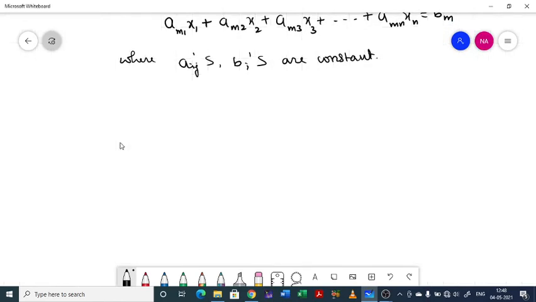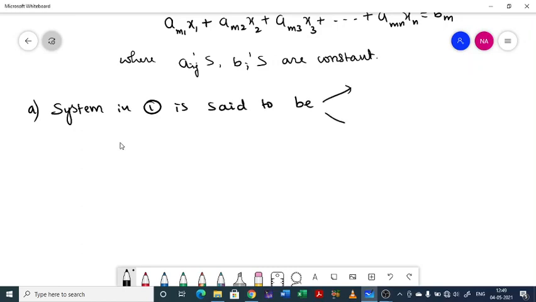Now we have a system of m equations in n unknowns. We shall discuss some basic parameters of this system. Point number 1: the system of linear equations written in 1 is of two types. The first is homogeneous. It is said to be homogeneous if bi equal to 0 for all i.